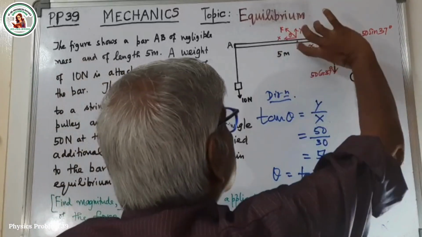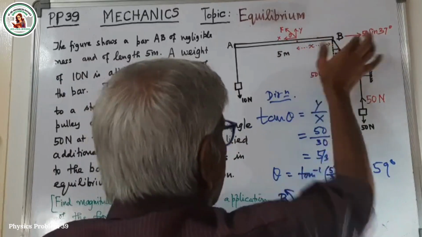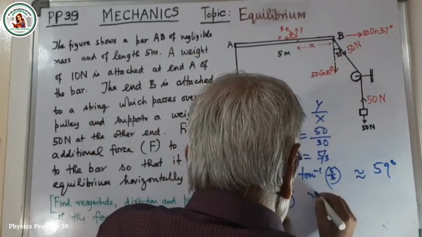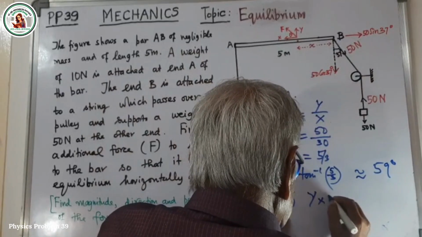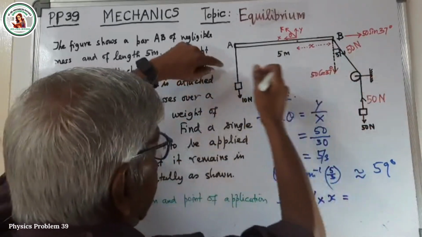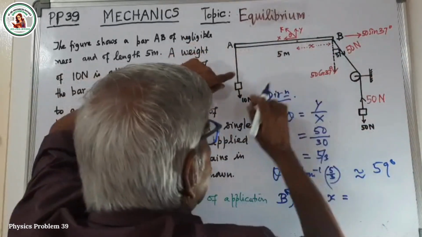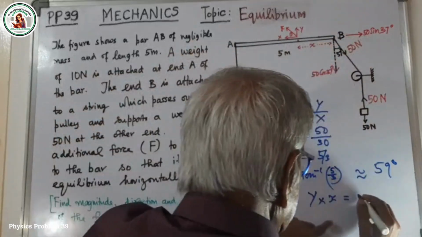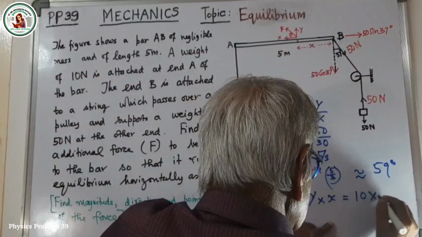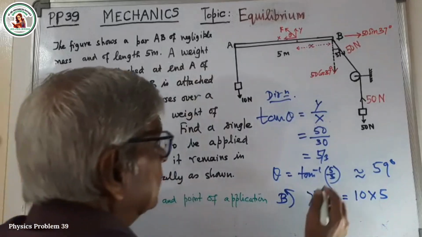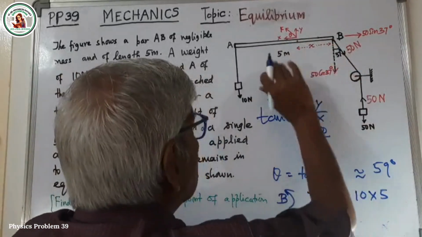Y can turn it clockwise with a torque equal to Y times X, force times perpendicular distance. The opposing torque, this 10 Newton can produce 10 times 5, because this length is 5 meters. So that is the torque equation.